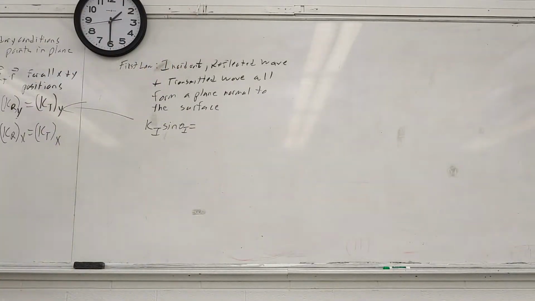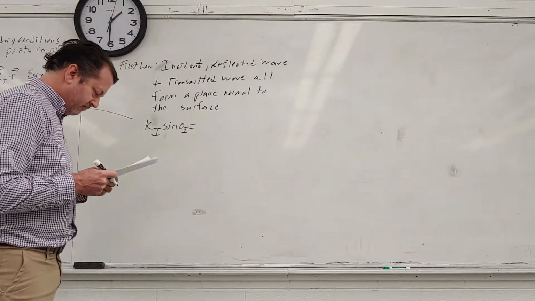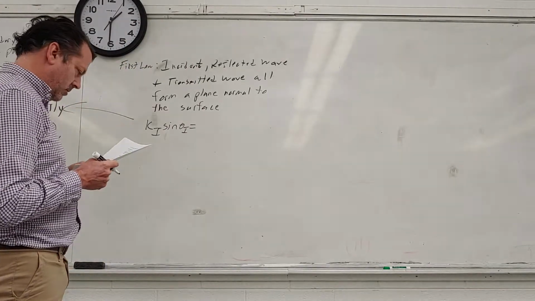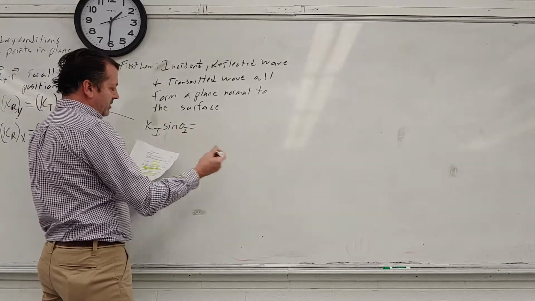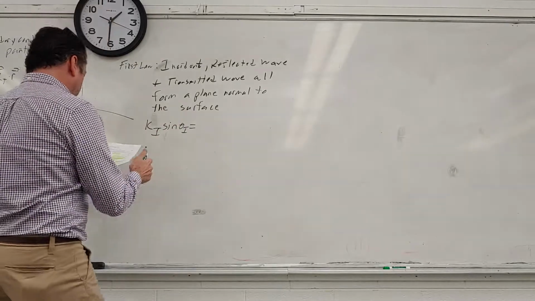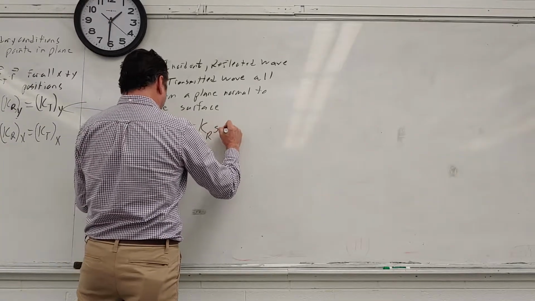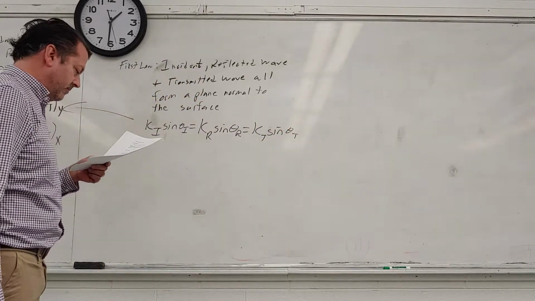So the way I defined it, y would be out of plane here. Y is out of plane. What that's telling us is that the sine of that incident angle, which would be out of plane for us, these are all going to be the same.